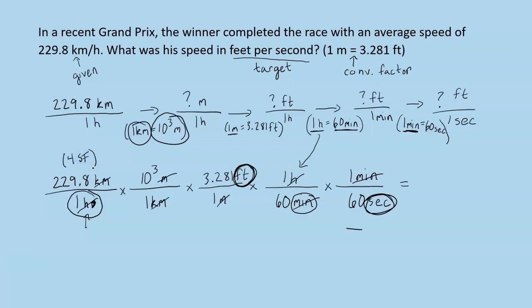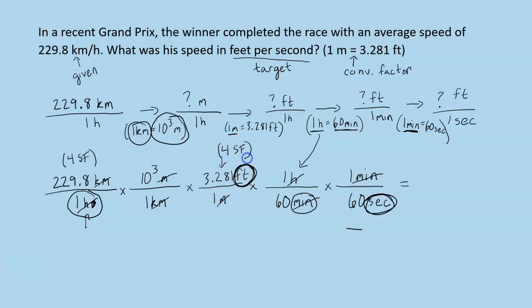Most everything in our conversion factors was considered exact, except for this feet per meter right here. Okay, that is not exact because we're converting between the US and the metric system, and so that 3.28 is also 4 sig figs.